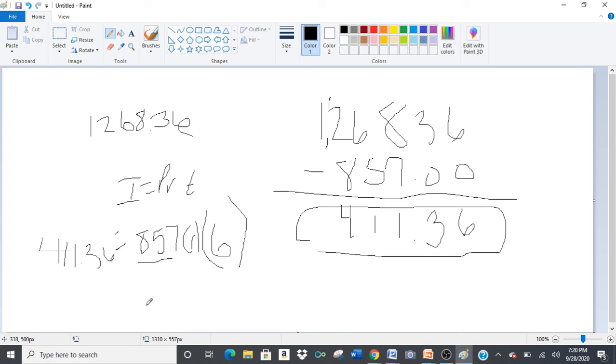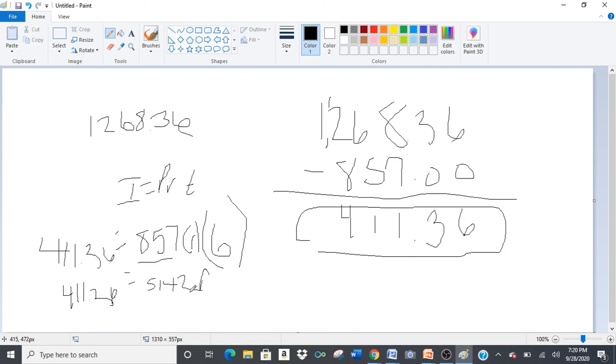So now we have $411.36 equals 857 times R times 6. So now what do we do? We basically just solve for R. 857 times 6 is 5,142. And that equals, we've got to bring down our R. So 5,142 R equals 411.36.